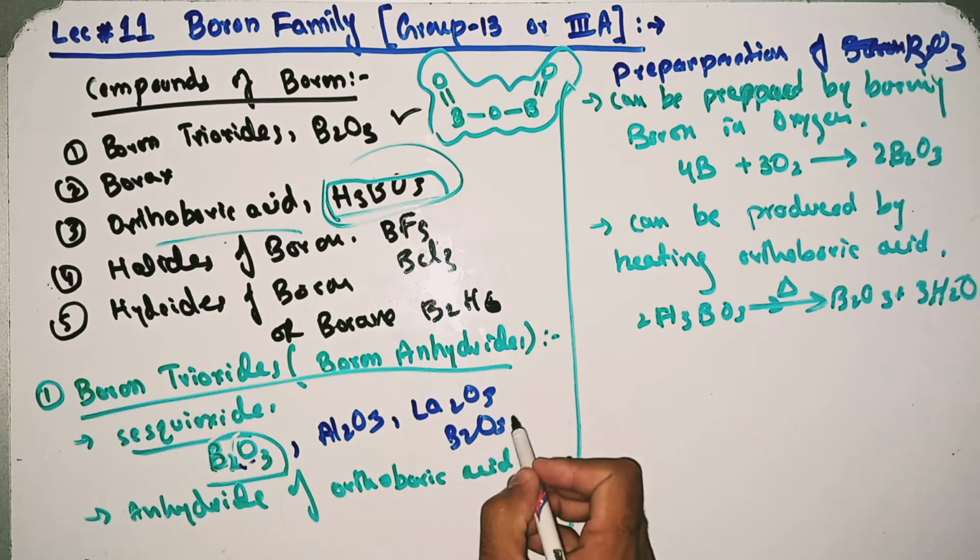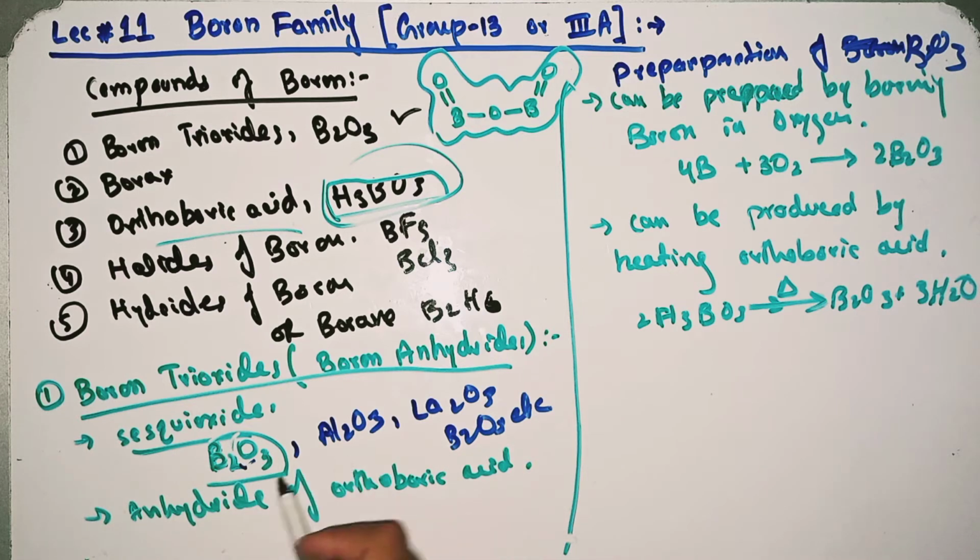These are all sesquioxides. That's why boron trioxide is also called a sesquioxide, and also the anhydride of orthoboric acid, because boron anhydride can be prepared from orthoboric acid. I think this point will be clear. Okay, go to the next points.